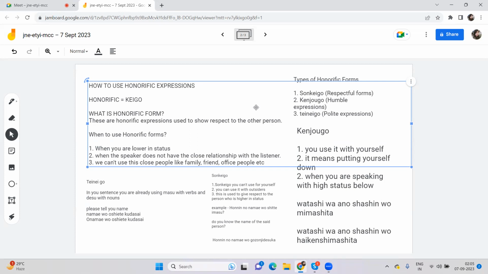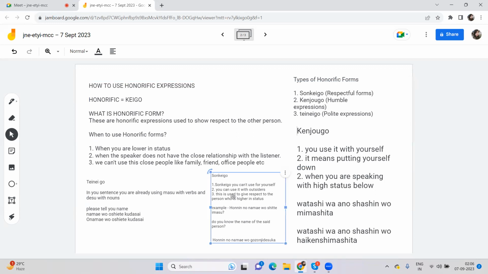So I hope you understood kenjougo, sonkeigo, teinego. So let's take an example. If I want to put myself down, I will use kenjougo forms. If I want to put the other person up, I will use sonkeigo forms, and polite forms you already know. Desu and masu are already polite forms. So this is all about the chapter.